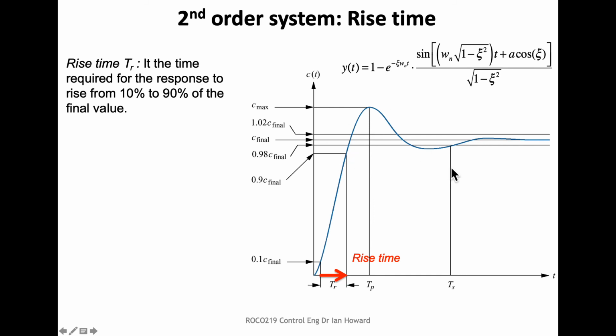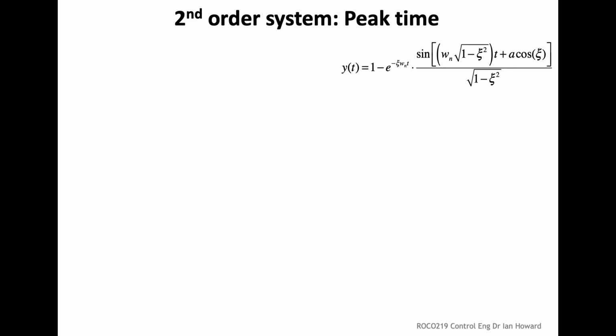And this plotted example is for an overshoot condition, so this is an underdamped system, otherwise it wouldn't overshoot. But you could do it also for a highly damped system. It would just rise up and rise up, and you'd want to know what the rise time was for that, and it would be a lot longer than it is for this underdamped system.